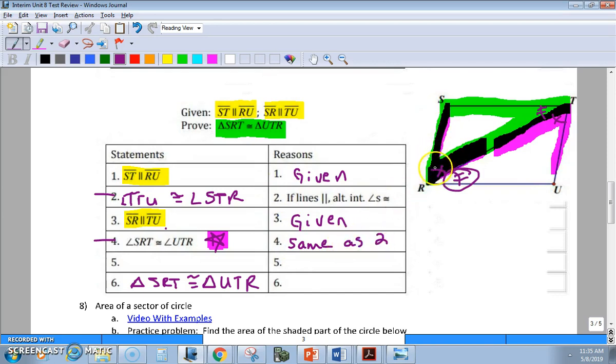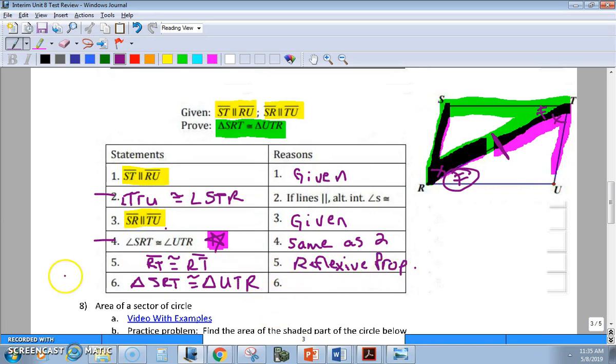All right, so we know that they have 2 angles in common. Oh, I know. We need that side, and we could do angle, side, angle. And we know that RT segment is congruent to itself, and we know that because of reflexive property.